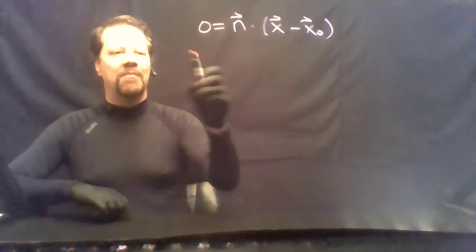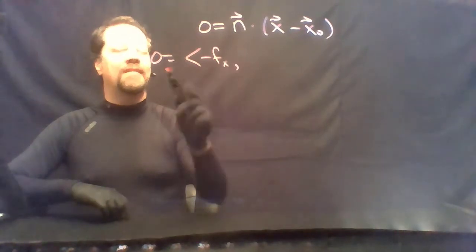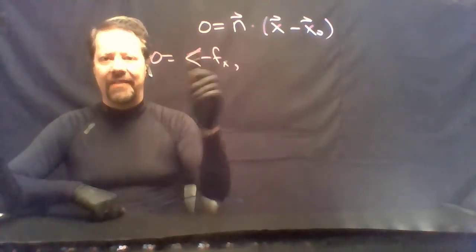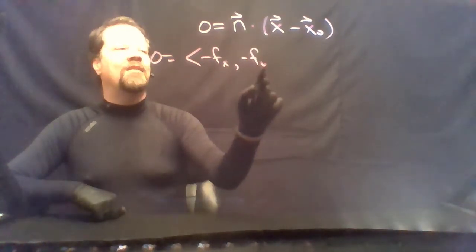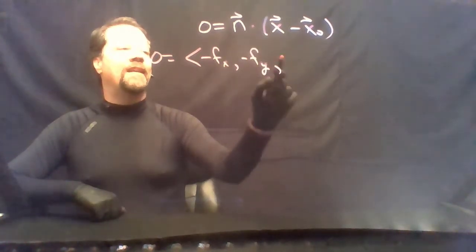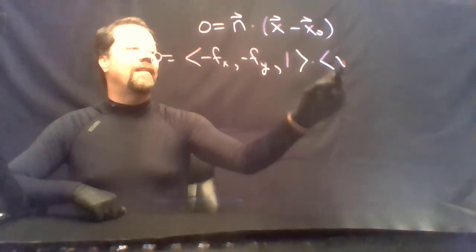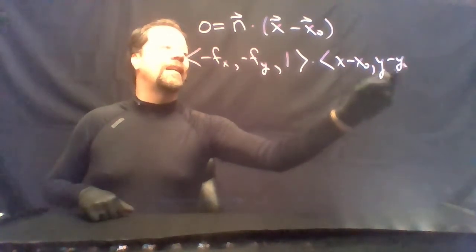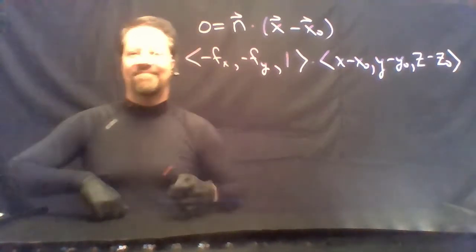Remember the equation of the tangent plane is in this form. We have minus fx. For the moment, I'll suppress the functional dependence on x and y and the evaluation at the point x naught, y naught. Minus fy, and then positive 1. We're dotting that with x minus x naught, y minus y naught, and z minus z naught.